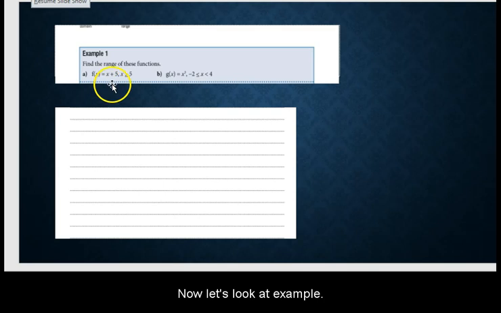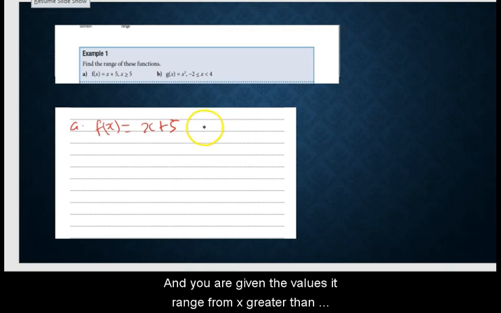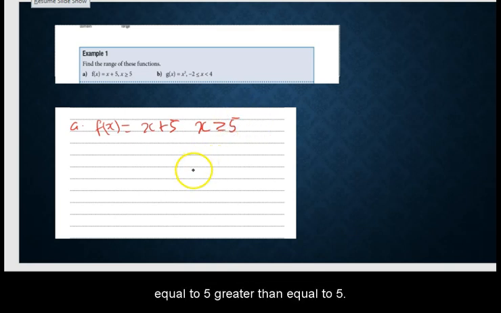Now let's look at an example. Find the range of these functions. So what is the function? We have f of x equals x plus 5, and you are given that the domain is x greater than or equal to 5.